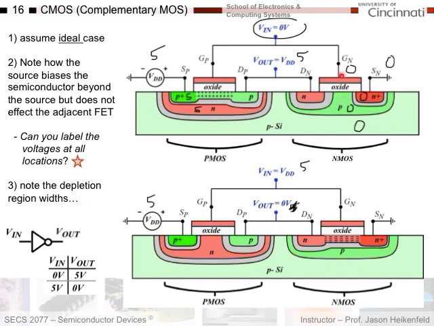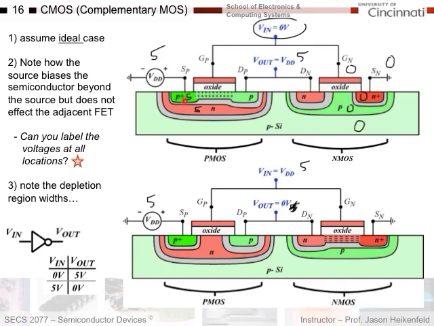If I have no voltage across here, I get no charge here, and if I have no net charge here, how could I create these electrons I need to get conductivity through here? So I know this device is turned off, and then this 0 volts does not make it here to the output. Let's look at this side here.